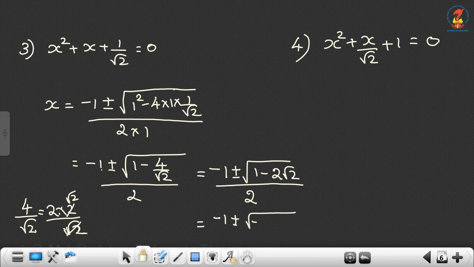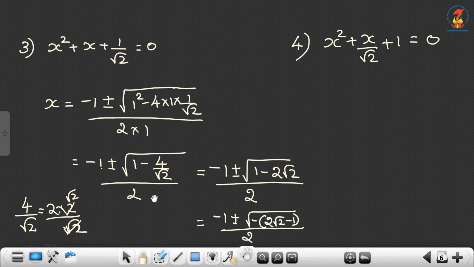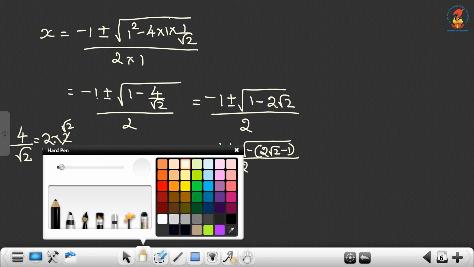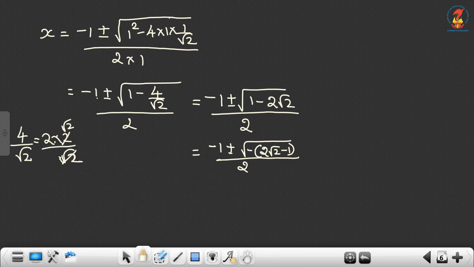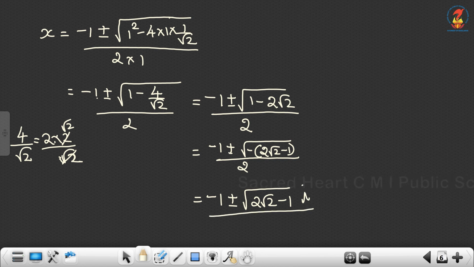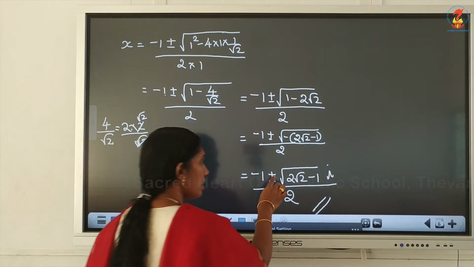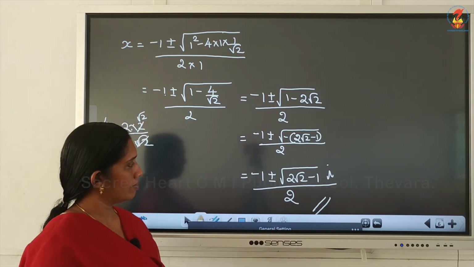So, minus you have to take outside: minus of 2 root 2 minus 1 by 2. Okay. So, this minus means actually it is minus 1 itself. So, minus 1 plus or minus root of 2 root 2 minus 1 into root minus 1. So, that is I by 2, or I you can write here, no problem. Okay.